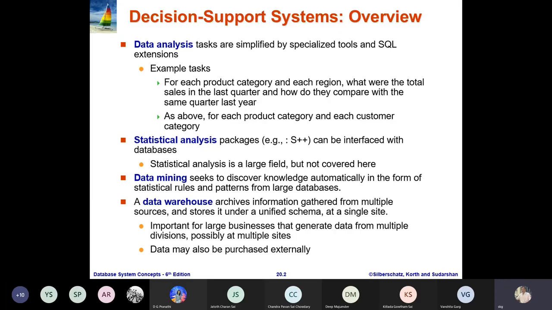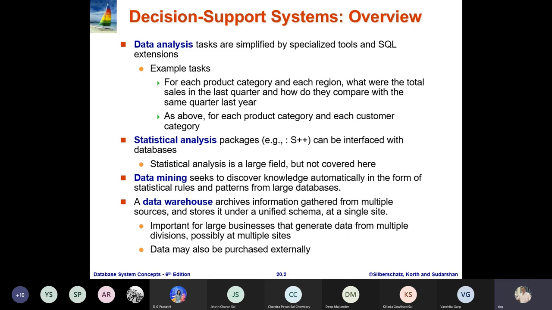Some basic statistical operations we can do with our standard SQL, but it cannot be extended to do large scale operations, right? Specifically, if I want to look into things which involve some sort of decision making, we'll come to that.